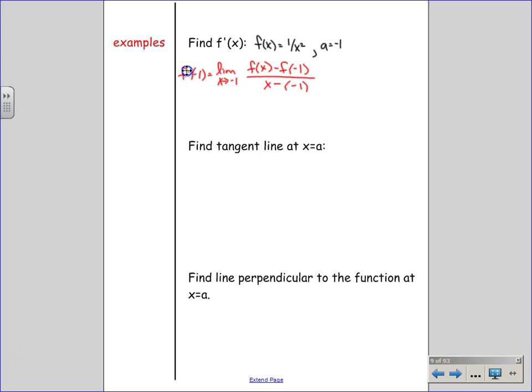Thomas is still gone, huh? Bummer. Solve your limit.